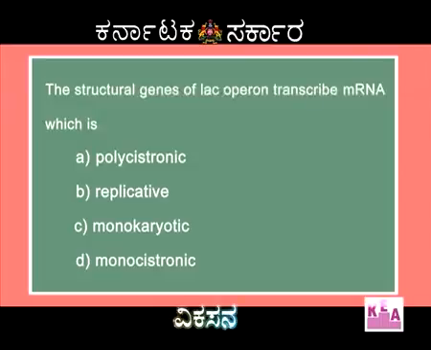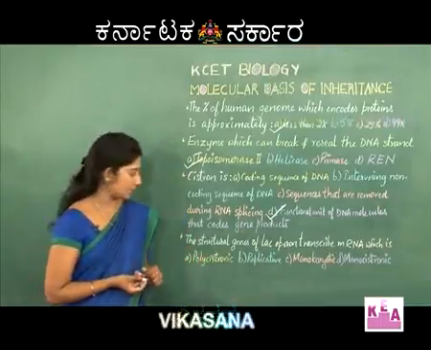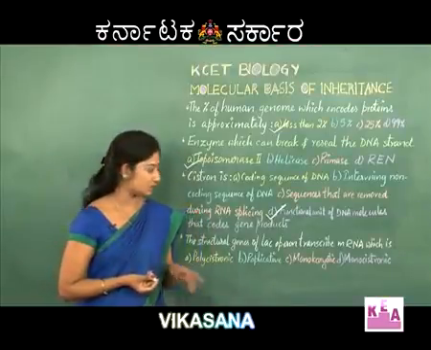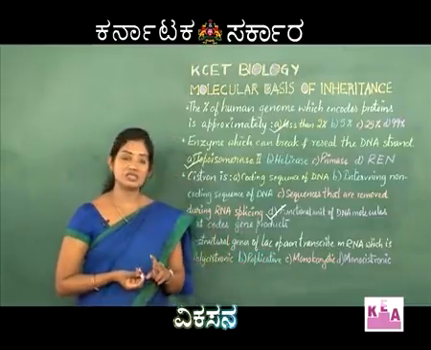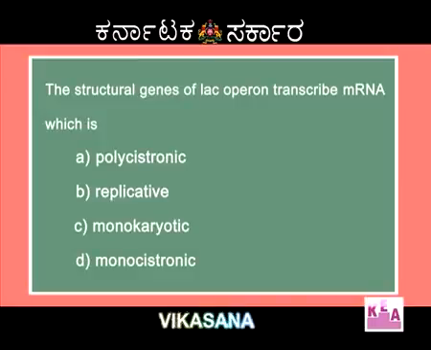Now replicative: replication is just a property of DNA. Monokaryotic: karyon means nucleus, mono, single. So cells which have a single nucleus are called monokaryotic. So the right option over here is polycistronic.